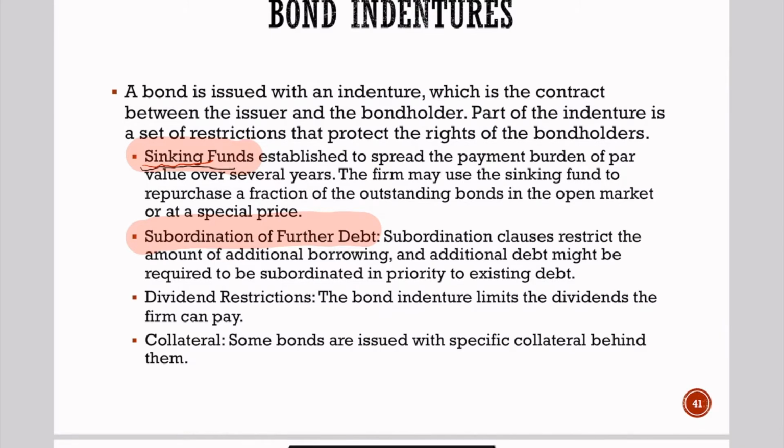Now, there's also this dividend restriction. It's very easy to understand. It basically means that if the firm has default risk, then this contract would say that you cannot pay dividends, or that the dividend payment cannot be above a certain value. This is actually very true.